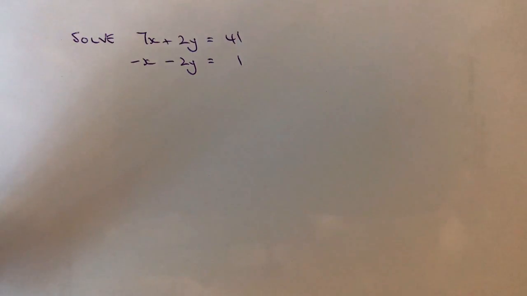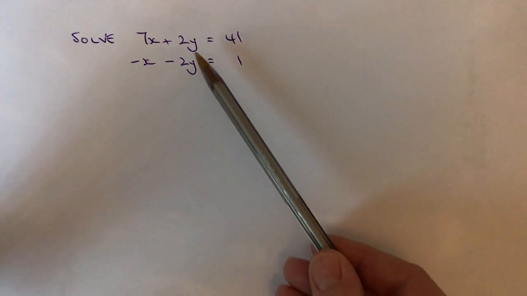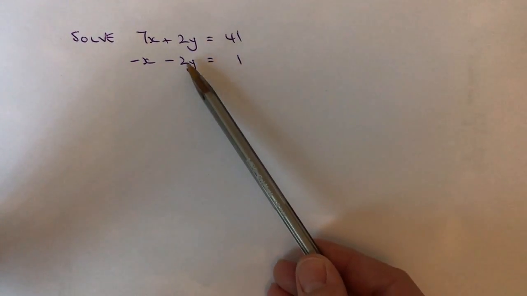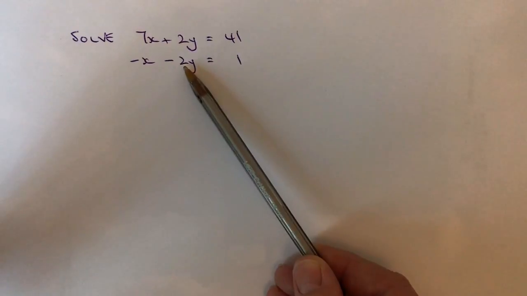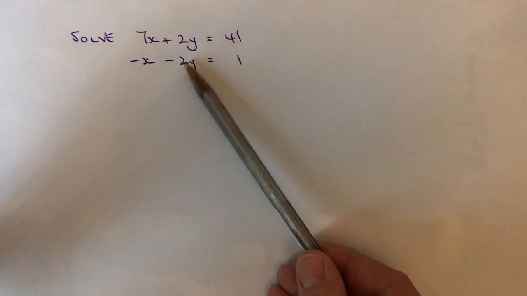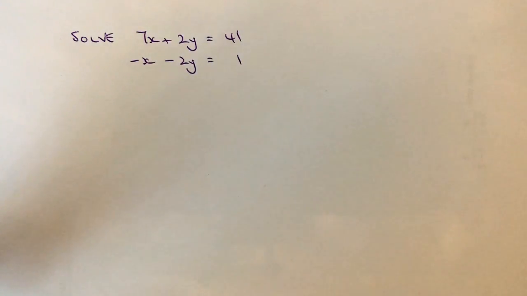So what we've got to do is work these two equations together so we get rid of one of the unknowns. The way that we can do that is if we add this equation and this equation together, it means we get 2y add minus 2y, or if you like 2y take away 2y, which basically means 0.